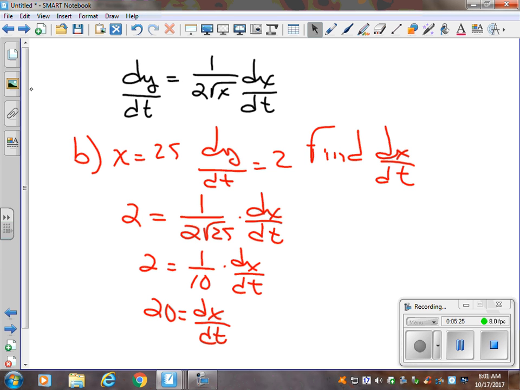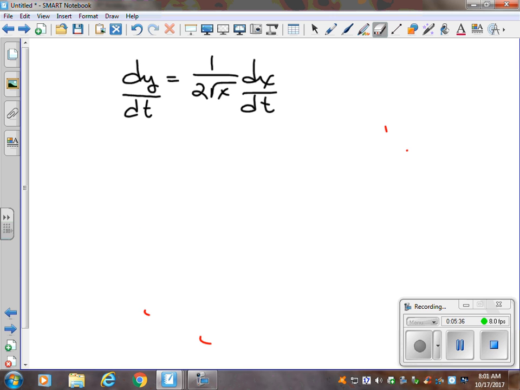All right, let's look at the next part. I'll tell you what, I'm just going to erase so I can leave my formula each time. So on part C, x is equal to 15, dx over dt is equal to 4. So in this problem, they gave me everything about x.